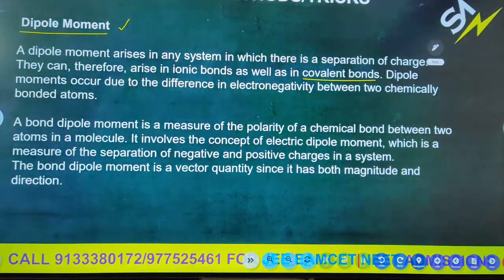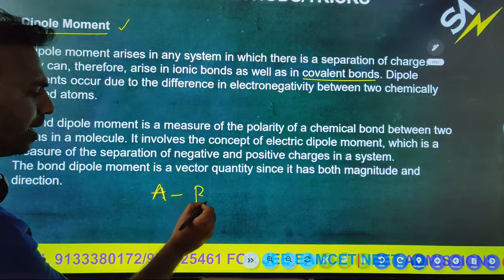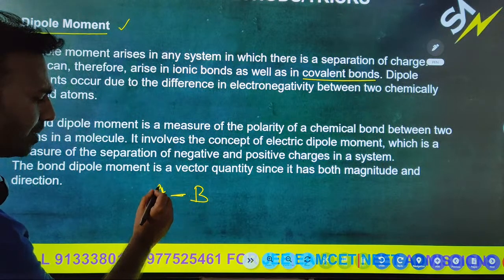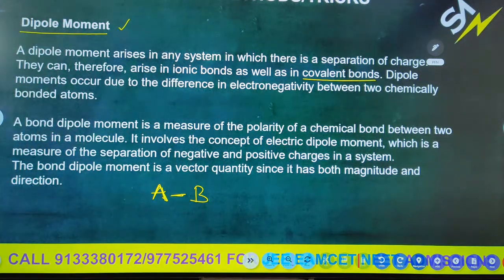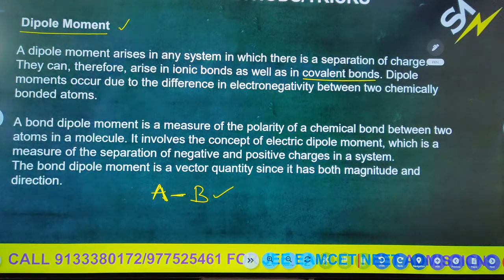Dipole moment is a measure of polarity. For example, A and B, 2 atoms. Are they the same or different elements? Different elements. Then there is an electronegativity difference, so we can say this molecule is polar. Dipole moment is useful to know the polarity of the molecule.